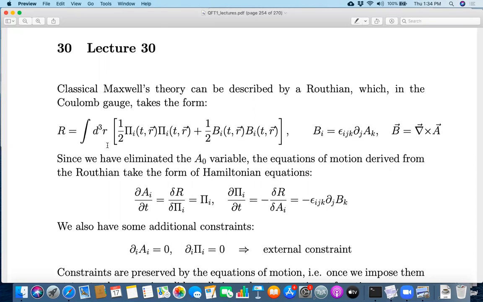Then you can get the order lambda squared term by using two interaction vertices each of order lambda, that's lambda phi^4. Or you can get order lambda squared by using one interaction vertex, which is phi^6. And both have to be included. If one is lambda and the other is lambda squared, it's not that you can throw away the lambda squared term altogether.